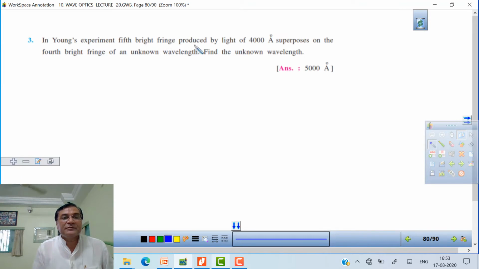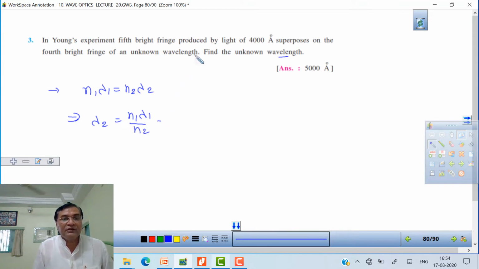In Young's double slit, the fifth bright fringe produced by 4000 angstrom is superposed on the fourth bright fringe of unknown wavelength. Find the unknown wavelength. So here it is very simple, we already discussed n1 lambda 1 is equal to n2 lambda 2. From that you calculate lambda 2, that is n1 lambda 1 upon n2.